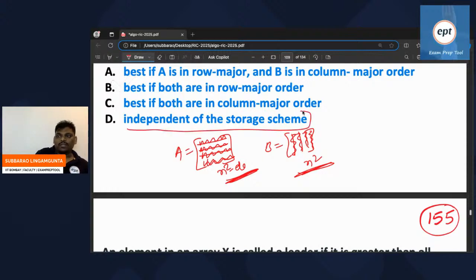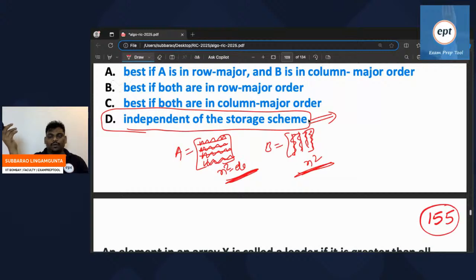It doesn't matter how you store, row major or column major, because you have to access all elements anyhow. To multiply two matrices, you have to access all elements. So the answer is independent of the storage scheme.